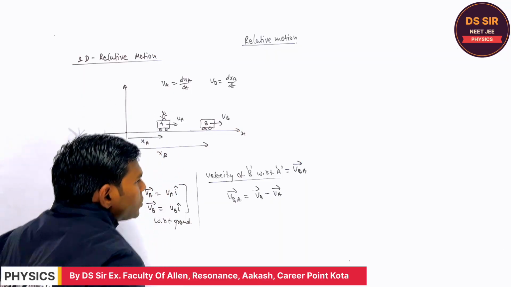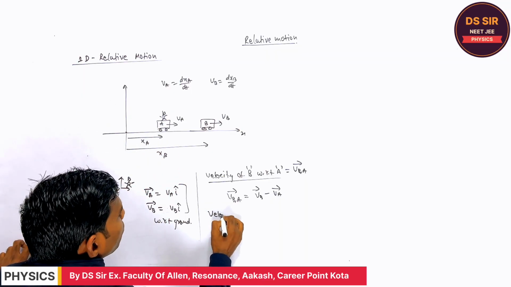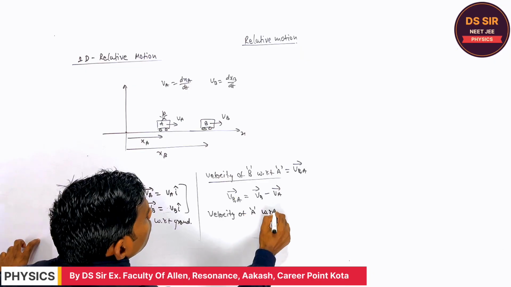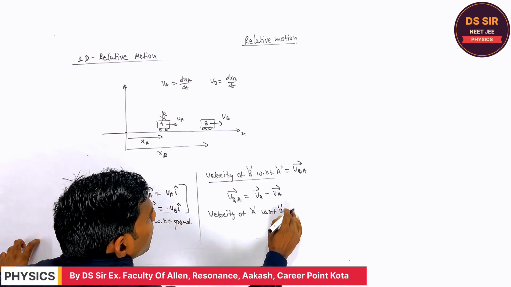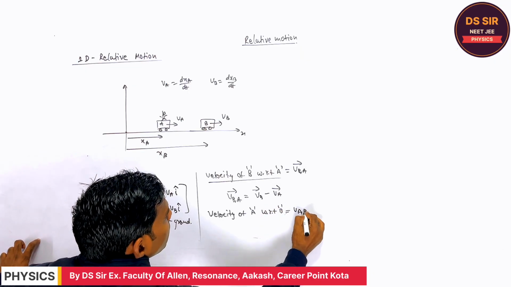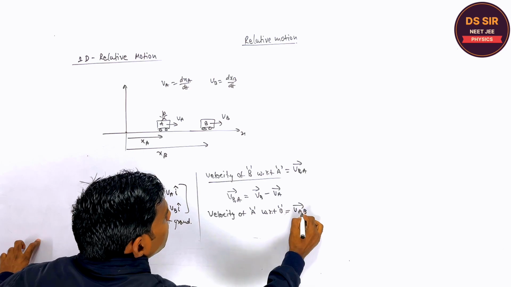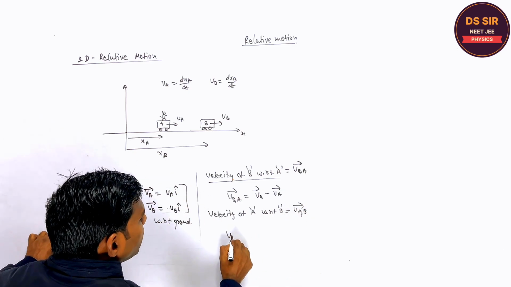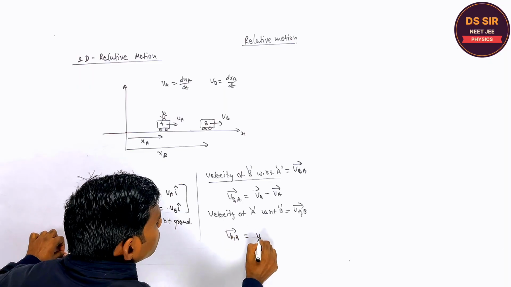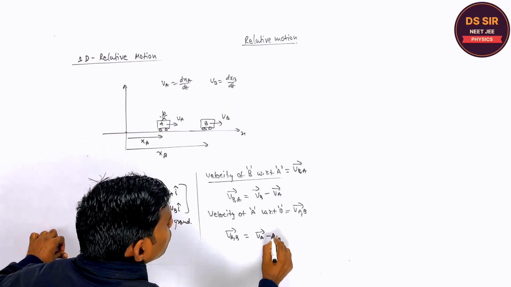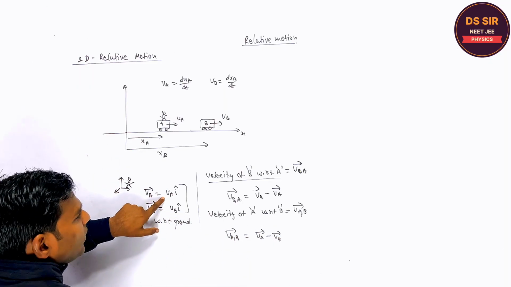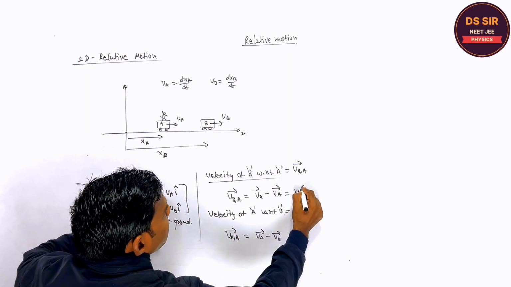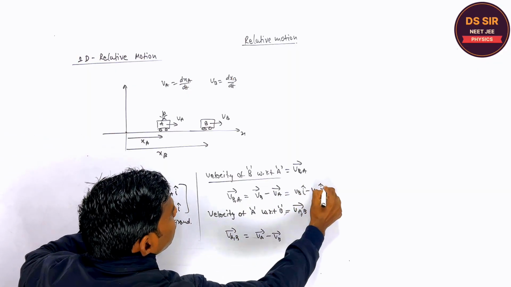And what is the velocity of A with respect to B? It means you are sitting on B and observing the A. So V(A,B) is equal to velocity of A minus velocity of B. Velocity of B with respect to A is VB i cap minus VA i cap.